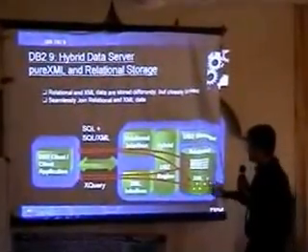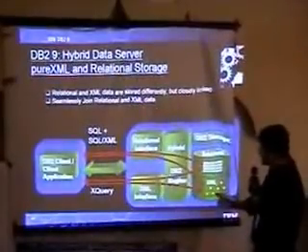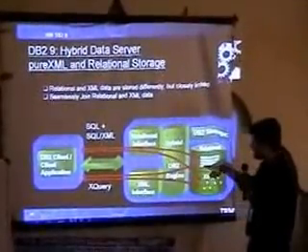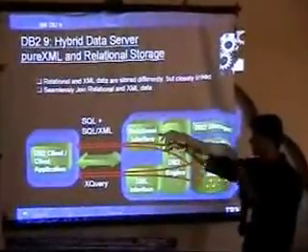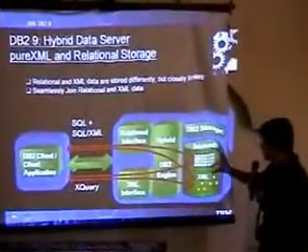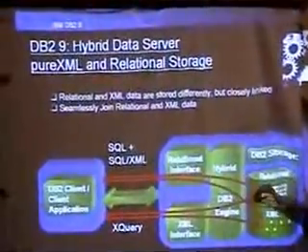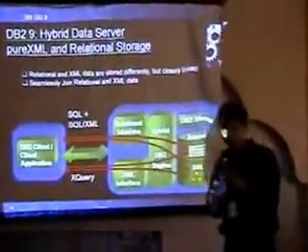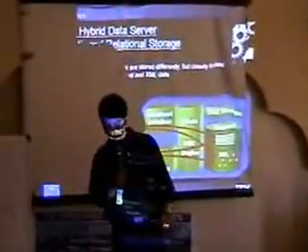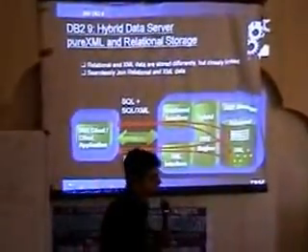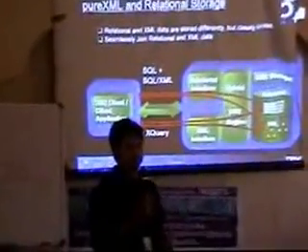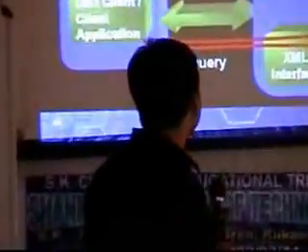And the beauty is, you can access relational data through XQuery and XPath, and you can access XML also through SQL. So what the DB2 engine has done is merge both modes of communication, hierarchical and relational model. So you have the flexibility to use both the hierarchical model and the relational model in parallel.